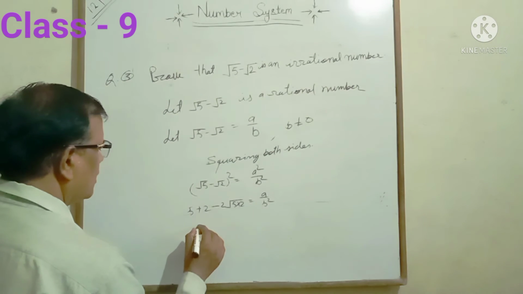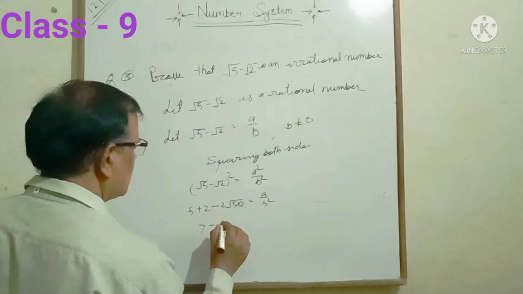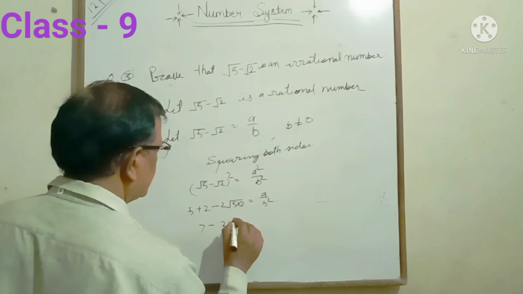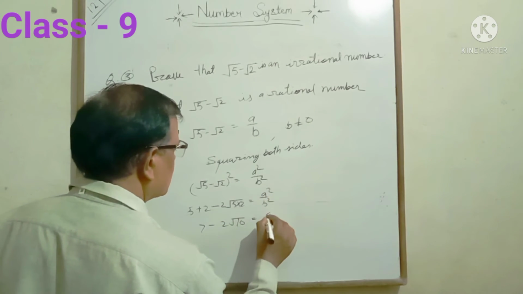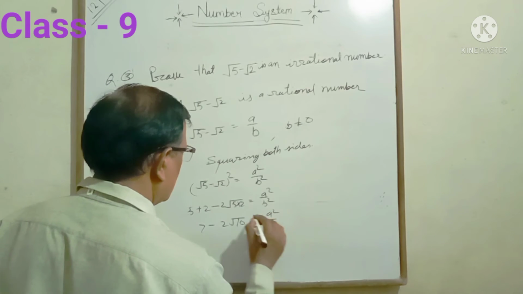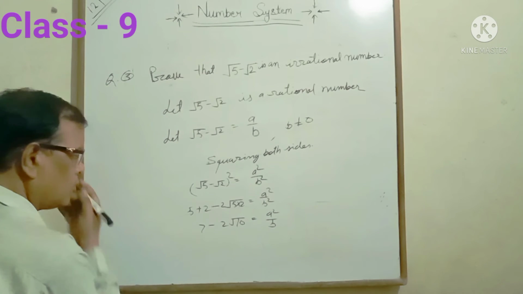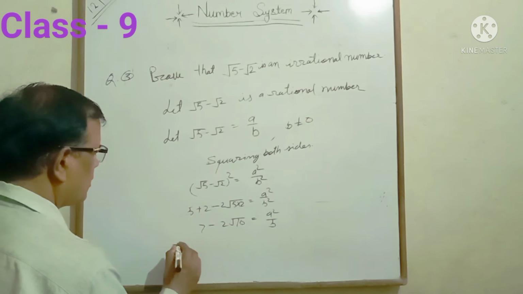Now it becomes 7 minus 2 root 10 equal to a square by b square. Now we transpose this and solve it.